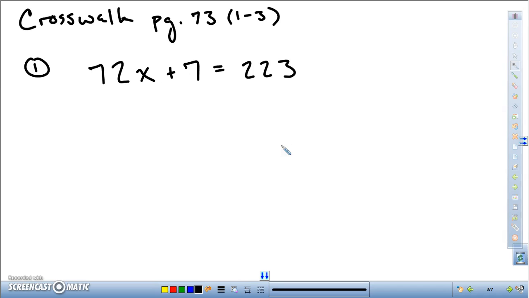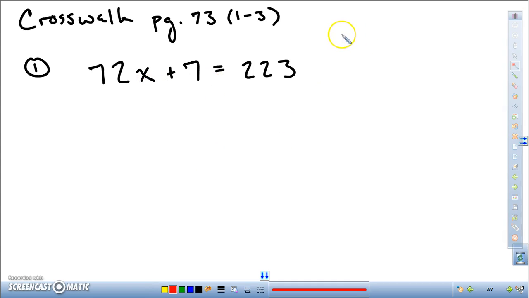Okay, the good thing about the crosswalk workbook problems is that they're multiple choice. So if you are still a little bit shaky on even a two-step equation like what we have here, then we've got answer choices that can be plugged in for the variable. That's one of the advantages of a multiple choice question. So let's say I had absolutely no idea about how to go about solving this equation.